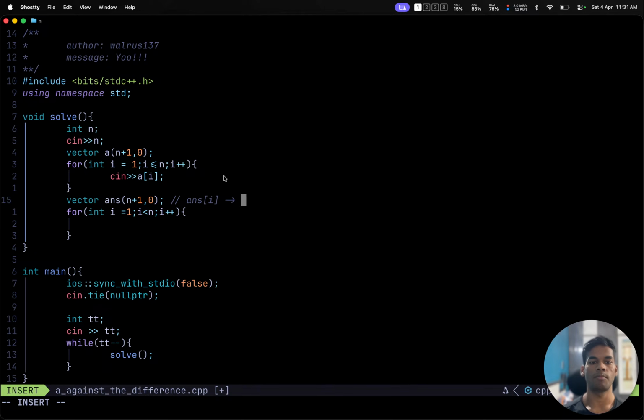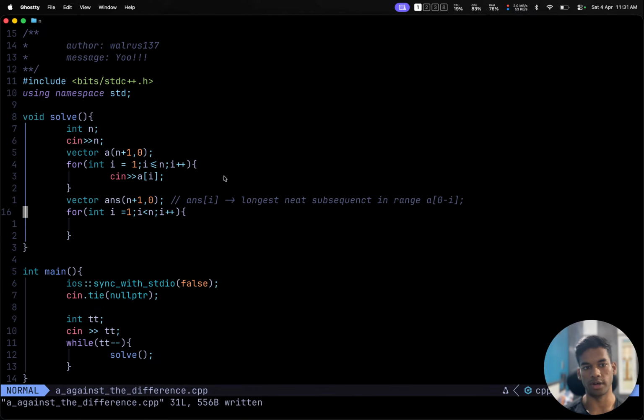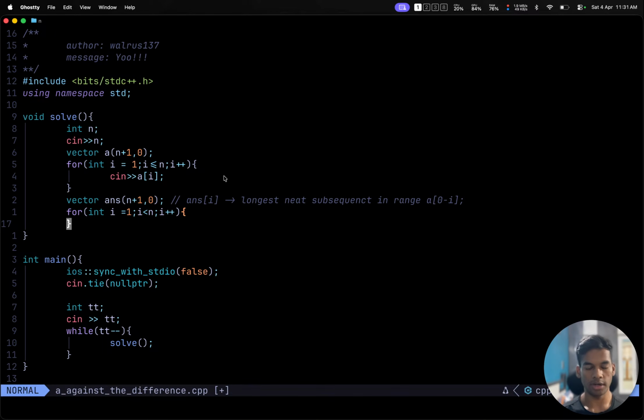Answer i means the best or longest neat subsequence in array a in range 0 to i, where i is included. So pretty cool. Wait, shit, where i is not included.